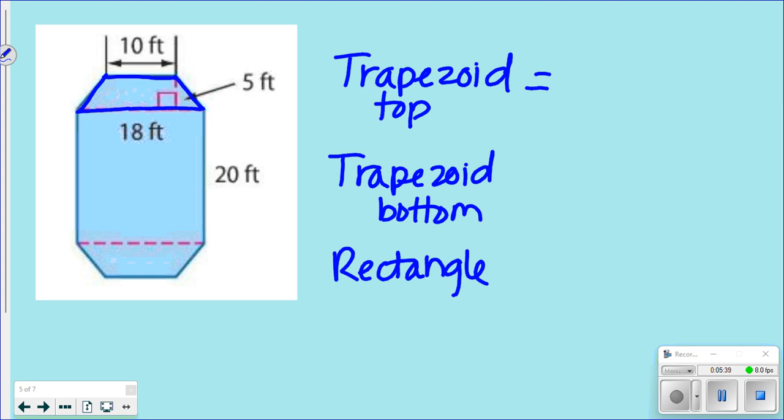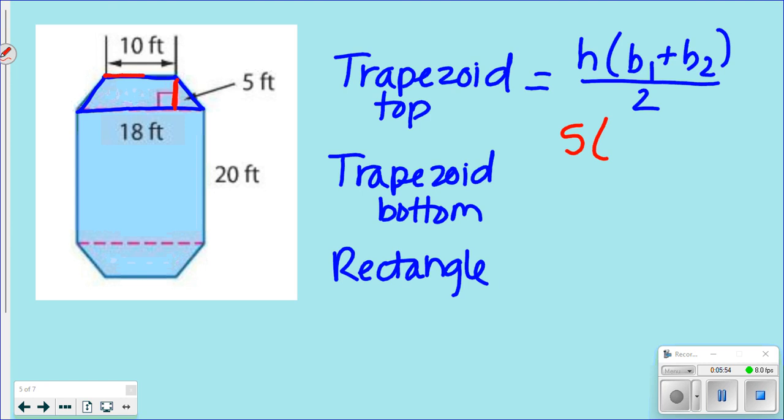And I know that the trapezoid is height times base 1 plus base 2, all divided by 2. So we're going to plug in some numbers here. I know that my height of this trapezoid is right here, and that's 5. Base 1, I always use my top as base 1, and that's 10. Base 2 would be here, and that's 18, all divided by 2.